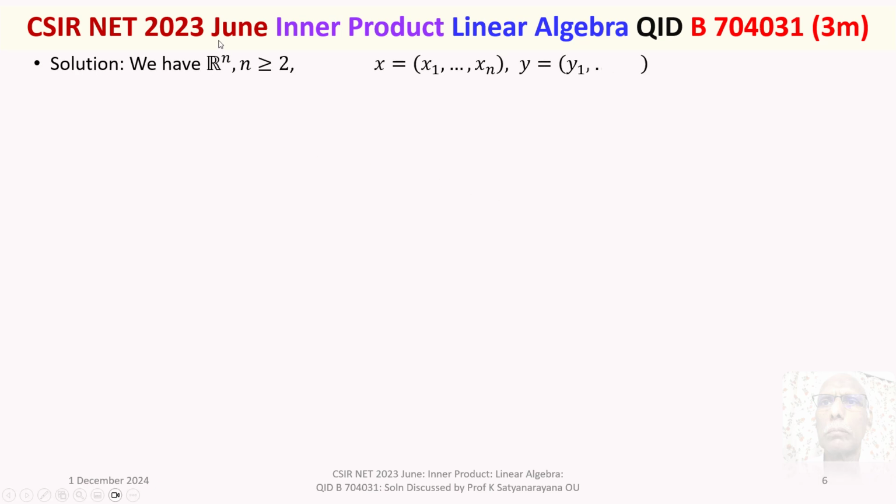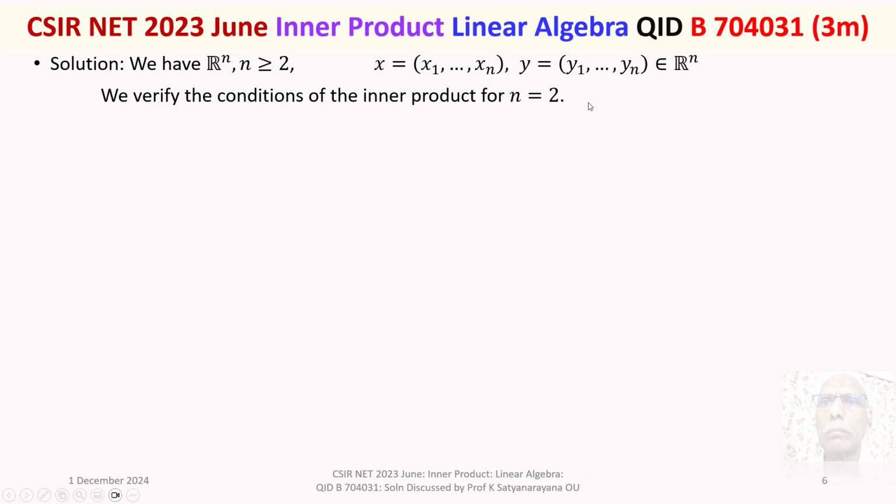We have R^n, n greater than or equal to 2, and x is an n-tuple, y is an n-tuple coming from R^n. We verify the conditions of the inner product for n equal to 2 for the options given in 1, 2, 3, 4. And why have we chosen n equal to 2? Why not any general n?